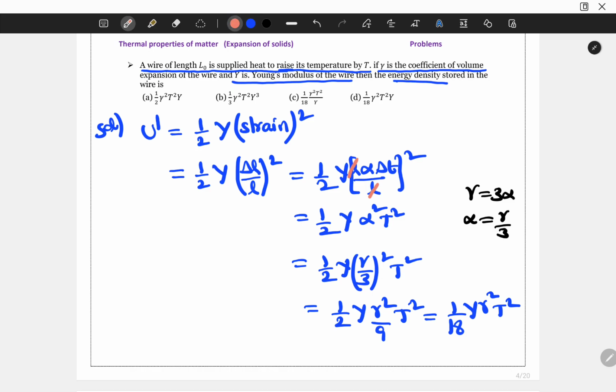So what is the answer? Option D is correct here. So 1 by 18 Y T square gamma square. So this is the answer here.